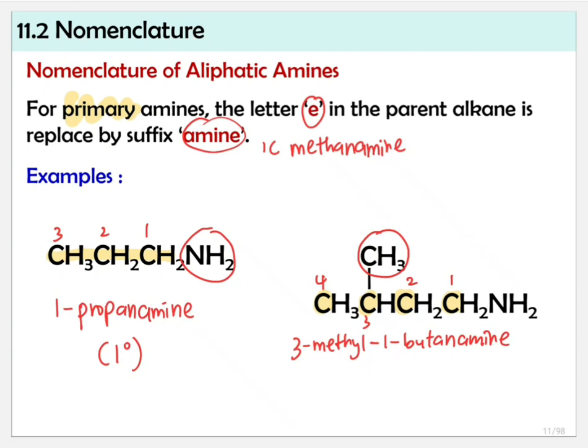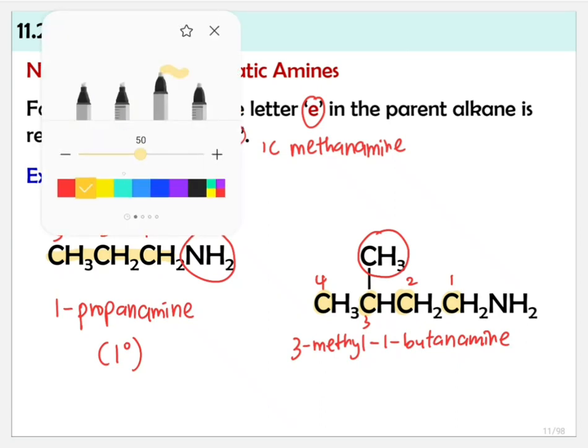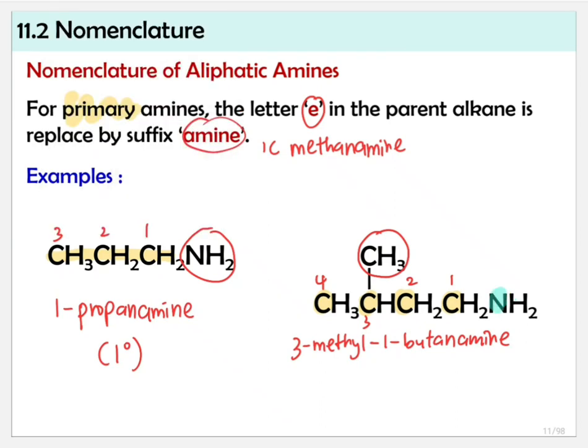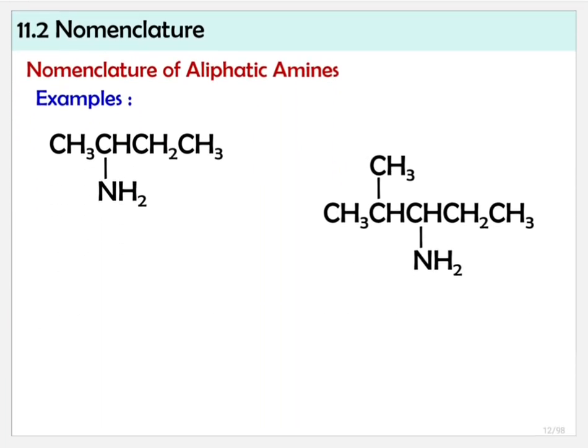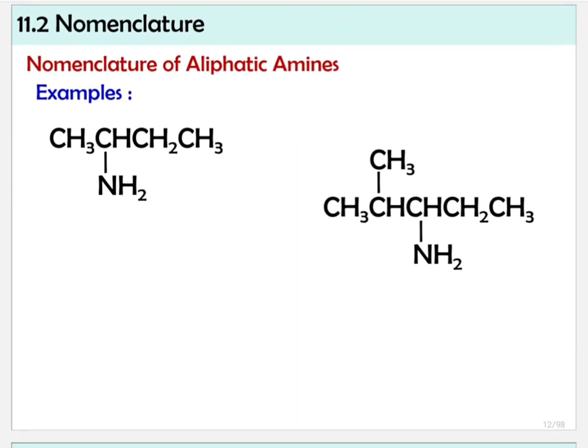And then, the class, okay, NH2, okay, nitrogen, is bonded with one carbon only. So, this is a primary amine. Okay. Kita pergi kepada example yang seterusnya untuk lagi faham about the nomenclature. Okay, for this one, the longest carbon chain, 1, 2, 3, 4 carbon.